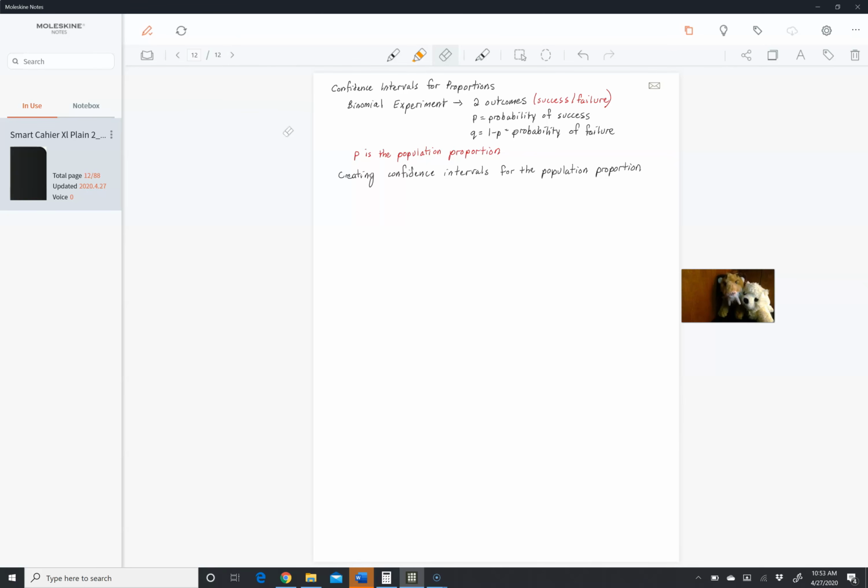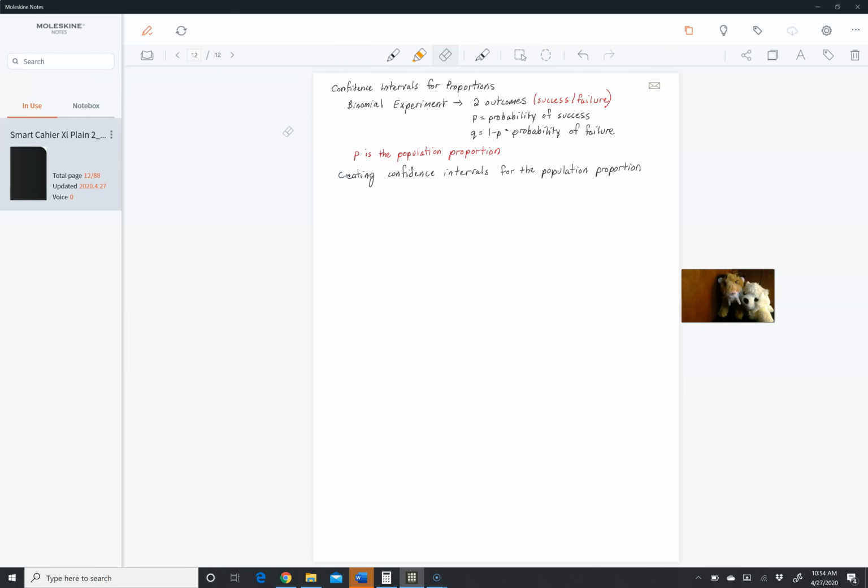Okay, and in order to do that, we need exactly the same thing. We need a point estimate. Okay, so for the mean, when we were doing confidence intervals for the mean of the population, the point estimate was the mean of the sample. So here it's the same thing.